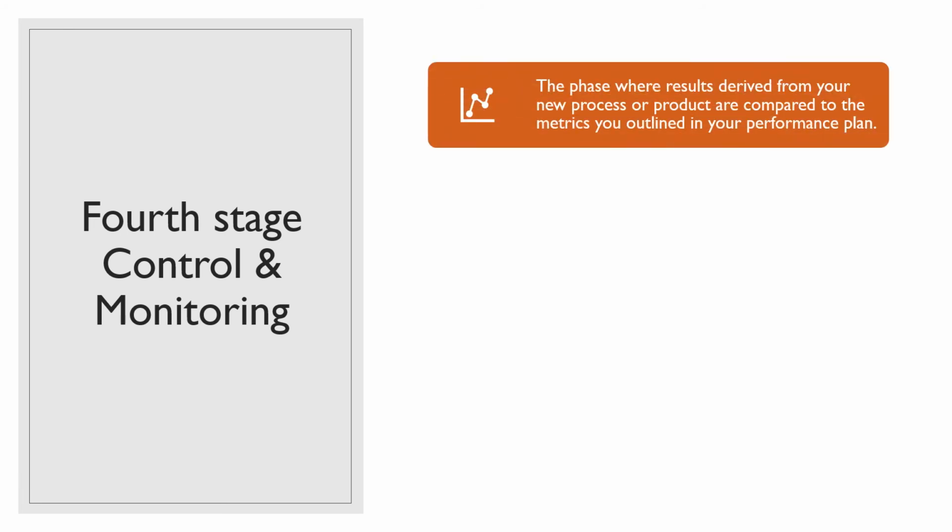The next stage is the fourth stage, which we call the controlling and monitoring phase. This phase results where new process or products are compared to the metrics you outlined in your performance plan. That means you had planned something and whether it is going ahead in the same manner.